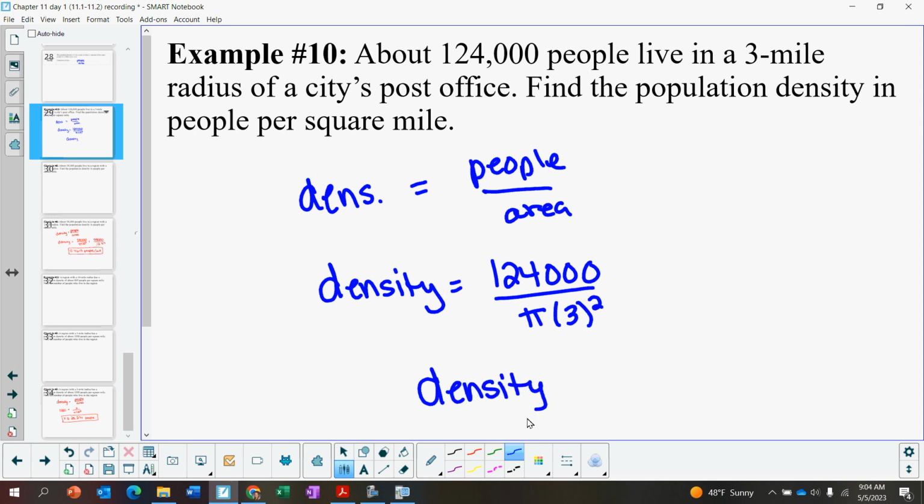So I get a density of about 4,386 people per square mile. So our density should include the units here, people per whatever unit it was for our area, in this case, square miles.